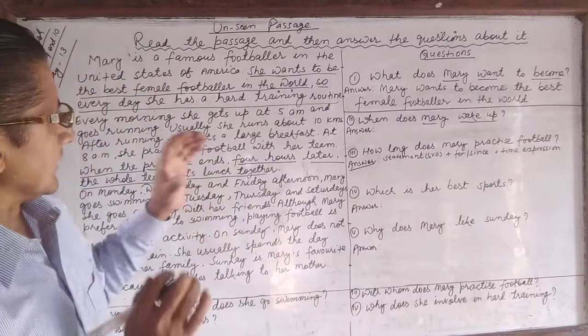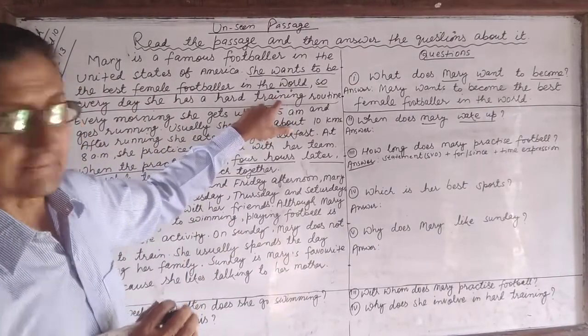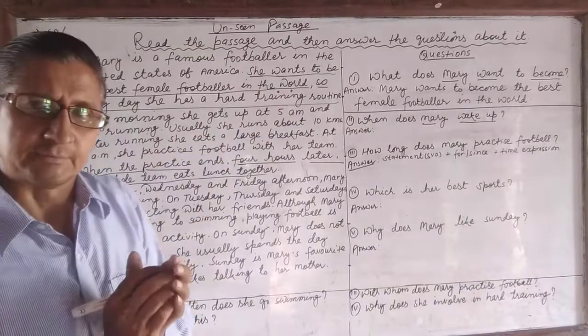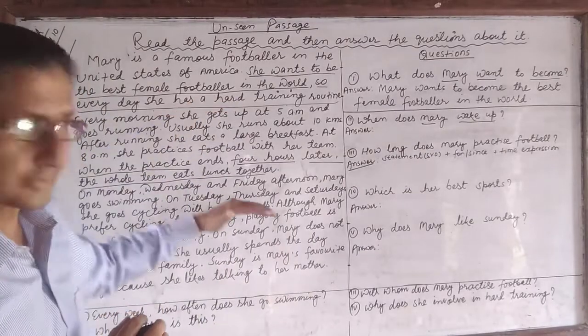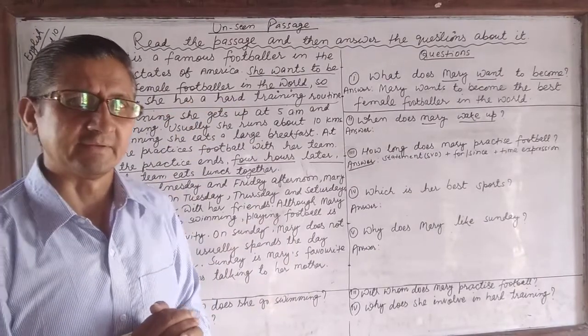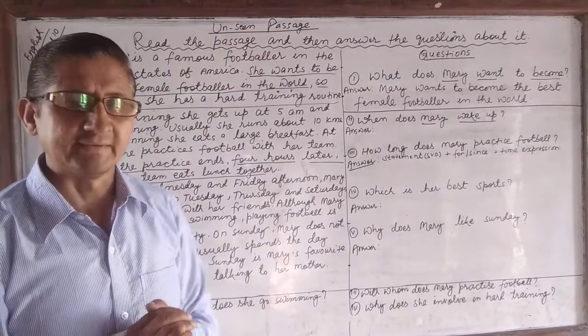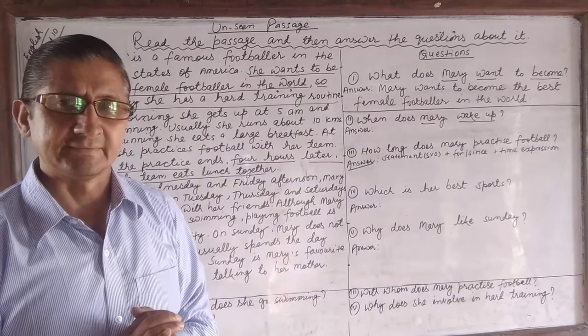We have located the answer of question number 1 in this sentence. So the answer of the second question will appear in the later portion of the passage. So we don't read this portion, we read the later portion of the passage.